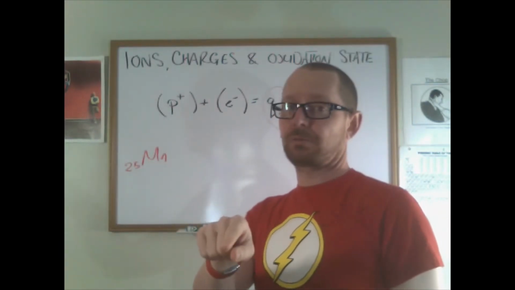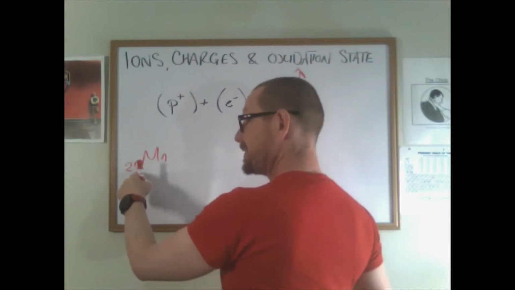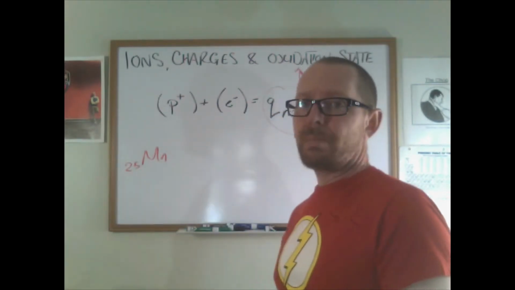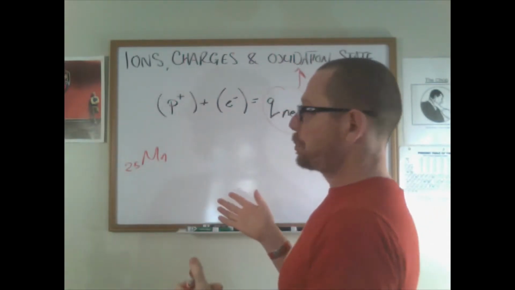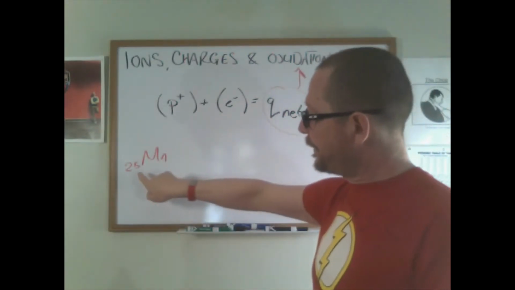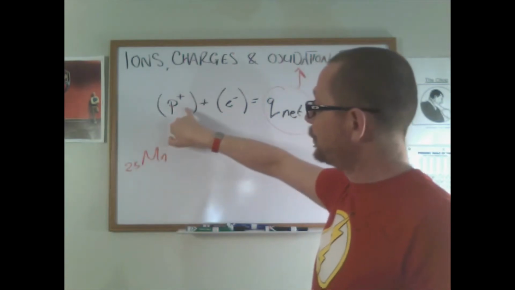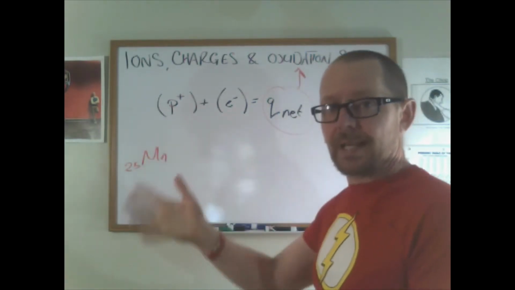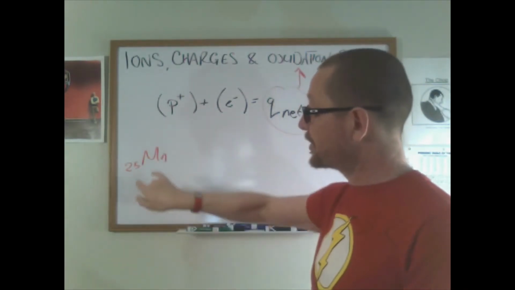That can't change. If this number changes to 26, it's no longer manganese, it's iron. If it changes to 24, it's no longer manganese, it's chromium.